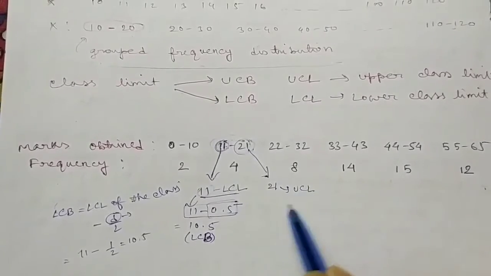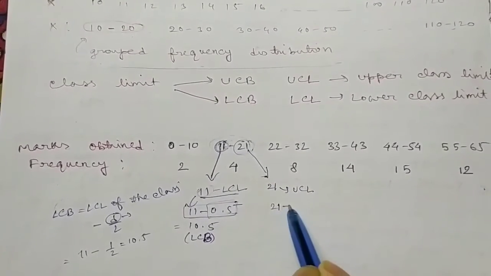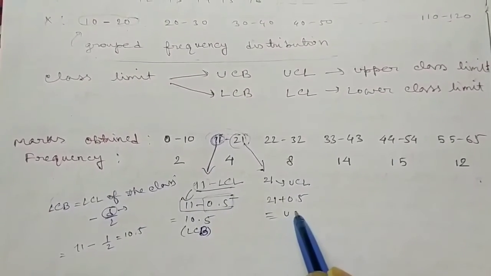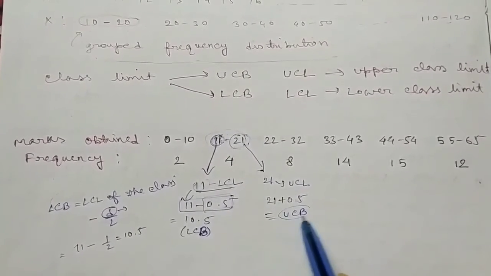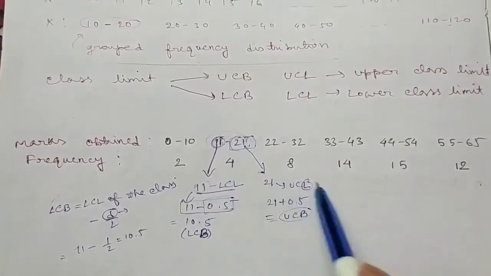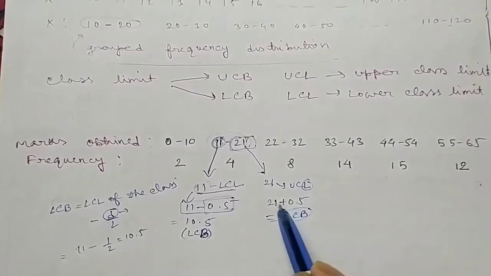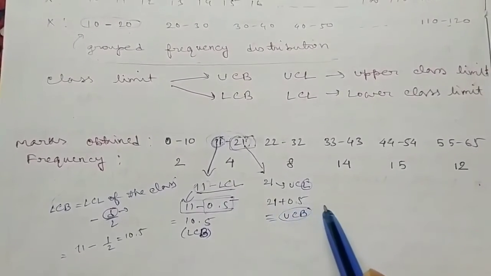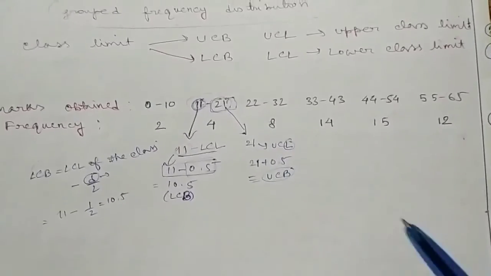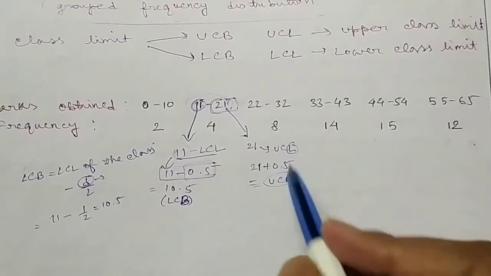If we add 0.5 to this upper class limit, we get its UCB, the upper class boundary. So the upper class limit is the maximum value of a certain class, and adding 0.5 to that maximum value gives the upper class boundary.